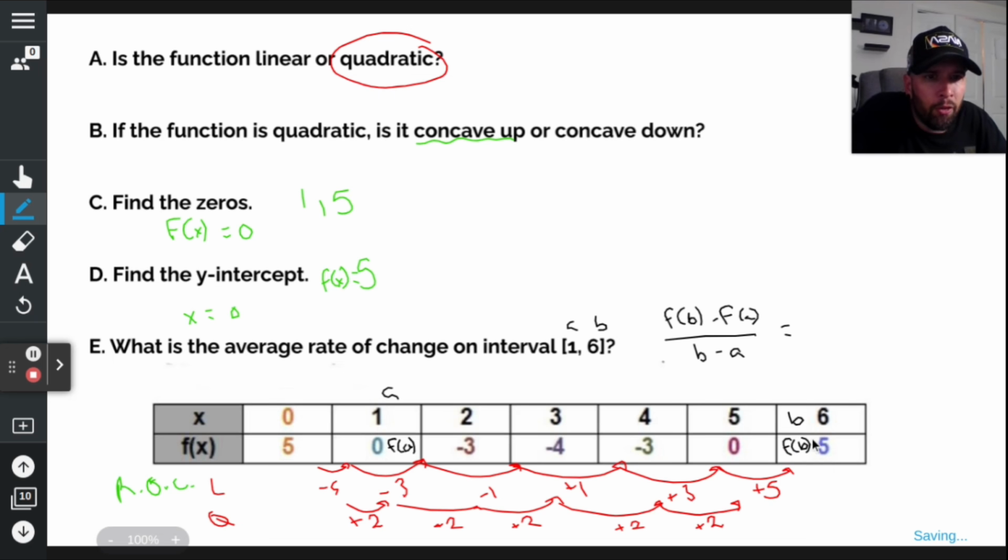F of b is 5 minus f of a is nothing, easy, over b is 6 minus a is 1. 5 over 5, last time I checked.